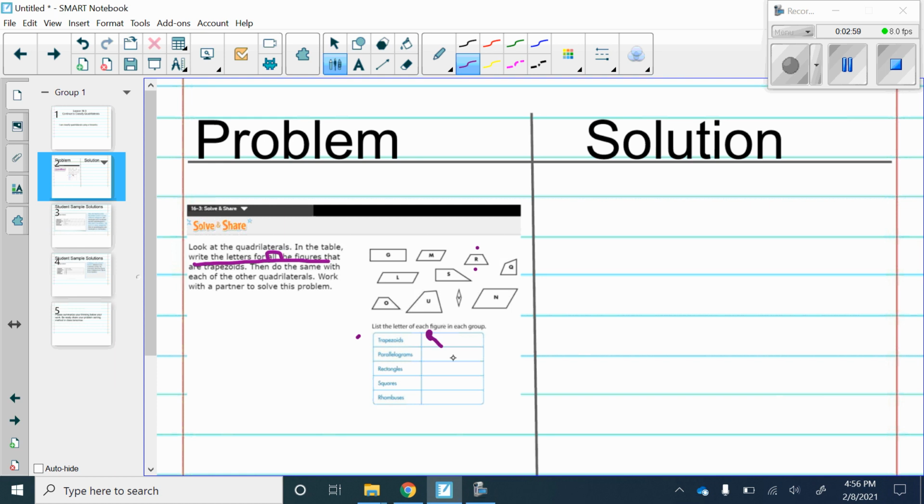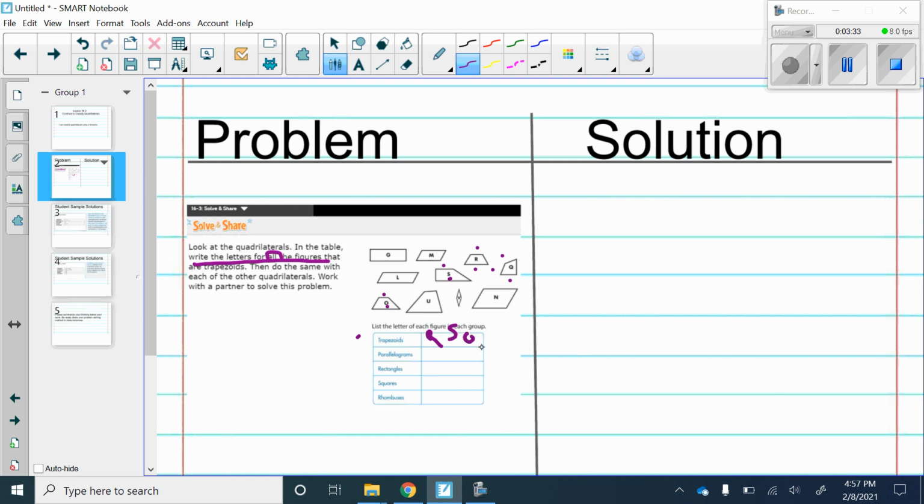Q, neither one in Q has parallel sides, because as you can see, each one of these has kind of a slanted side, so none of them are perfectly parallel. Shape L has two sets of parallel sides. S has one set of parallel sides. So I'm going to write S, and that's a trapezoid. I'm going to go to O. O has one set of parallel sides. The other two are slanted.